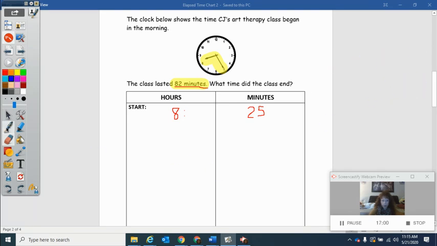So it's important when we're working with time and elapsed time that we know that 1 hour equals 60 minutes, or 60 minutes equals 1 hour.